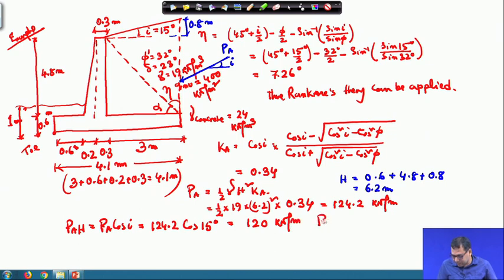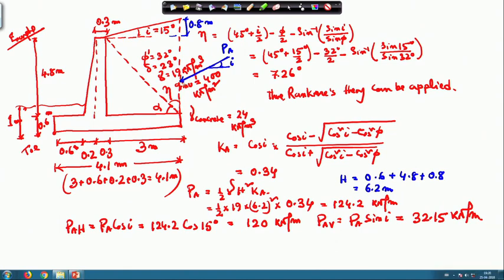Similarly, P A V is P A sin I, which is equal to 32.15 kilonewton per meter. So, that means it has two components, one acting in this direction, another acting in this direction.